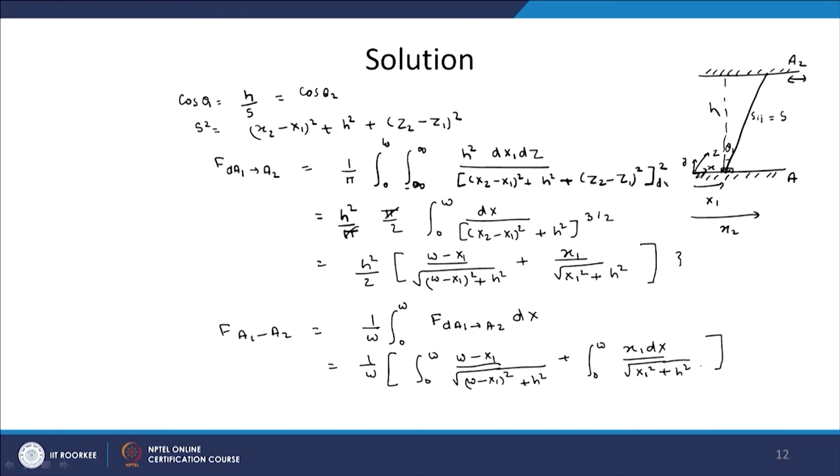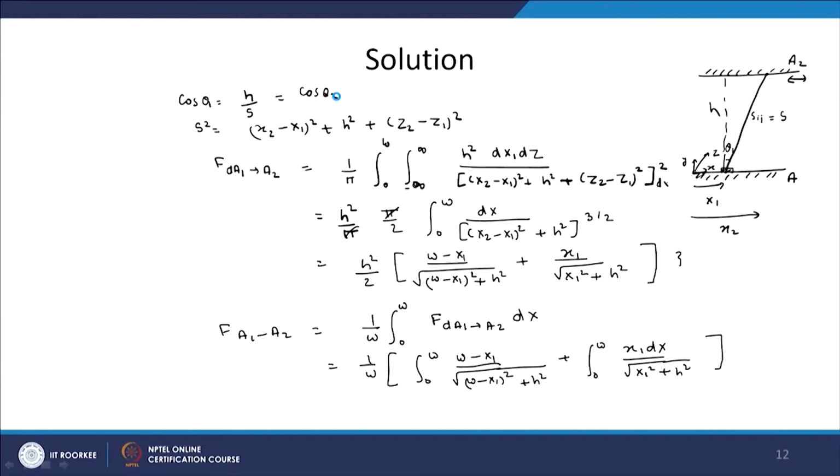Okay. These two integrals again can be solved easily. It is also worth observing that the two integrals are pretty much the same. With a change of variables, they will be the same. So, there should be a 2 here.